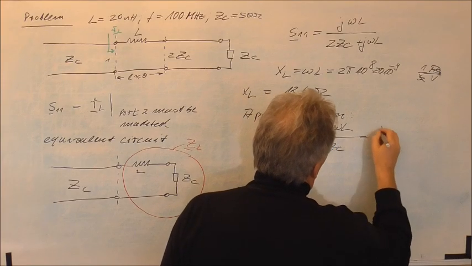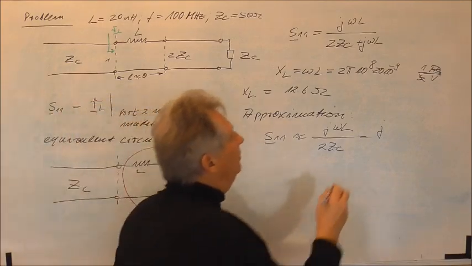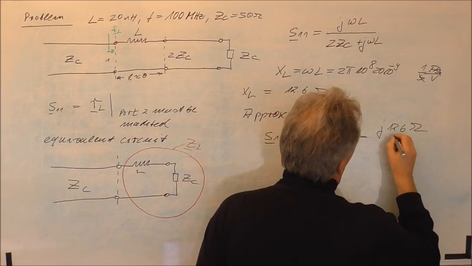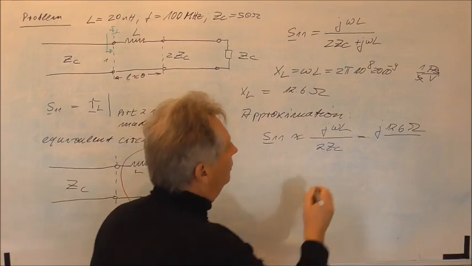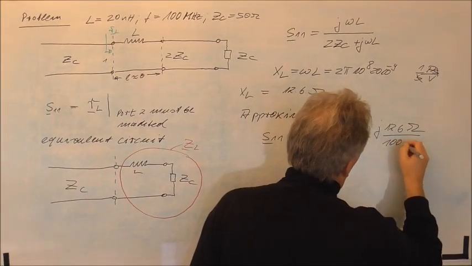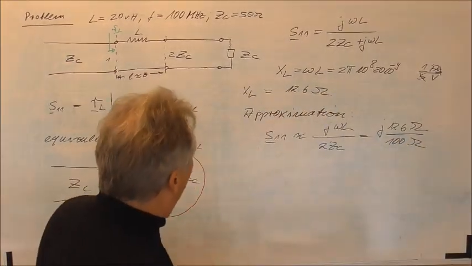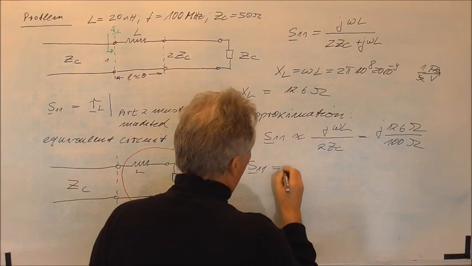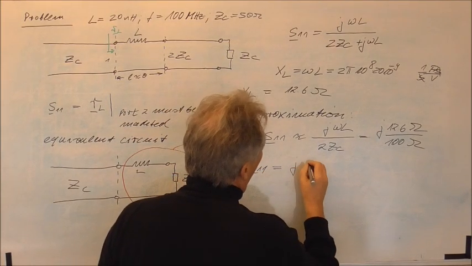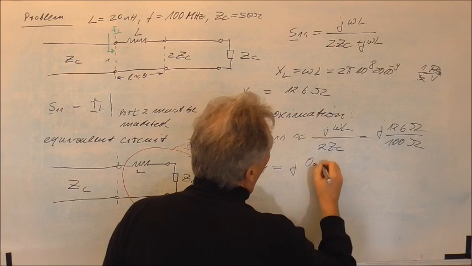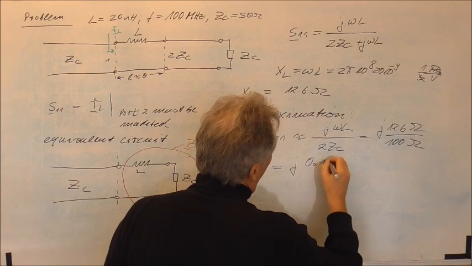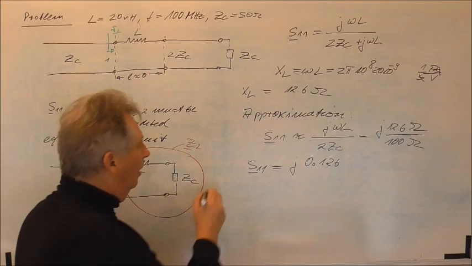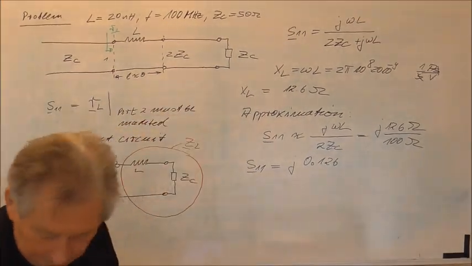This is J times 12.6 ohm divided by 100 ohm, and so you get as a result S11 is approximately J 0.126. This would be the value for S11.